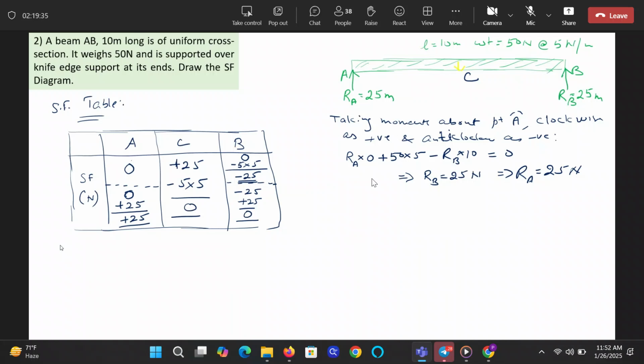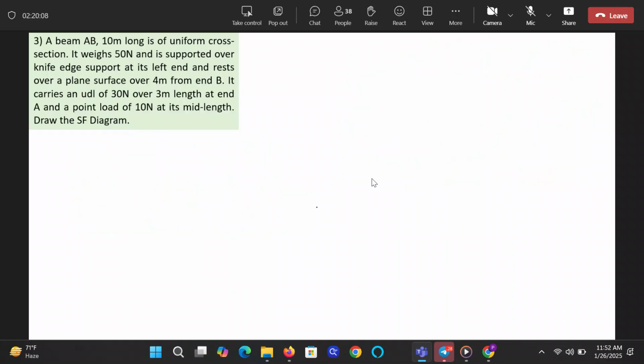Please let me know if anybody has any questions. See, I'm giving the full session to SF, because if you get SF wrong, your entire question is going to be wrong, and it starts with the correct diagram of the beam. Guys, can I move to the SF diagram then, if everybody is okay with the table? Yes sir.